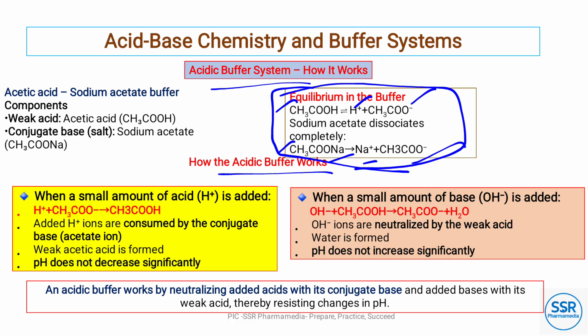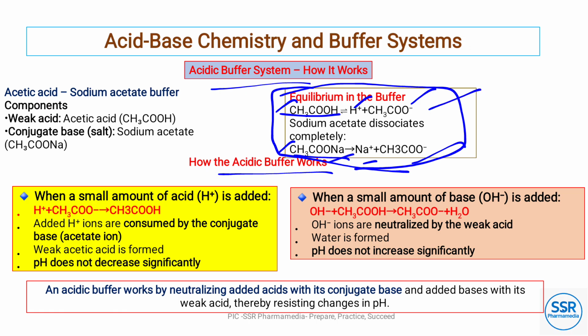When we add an excess of acid or base, it resists the change in pH. A buffer system should not produce any change in the pH.